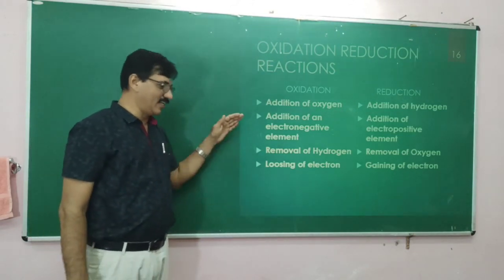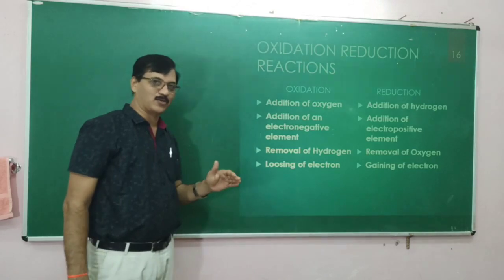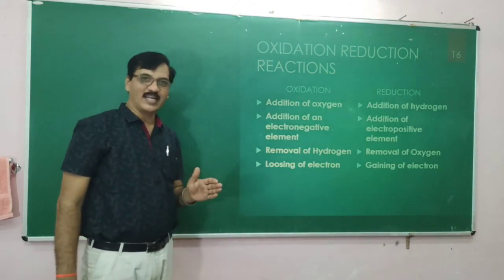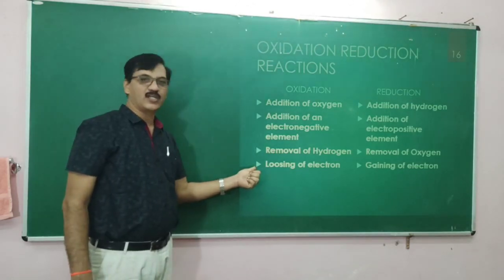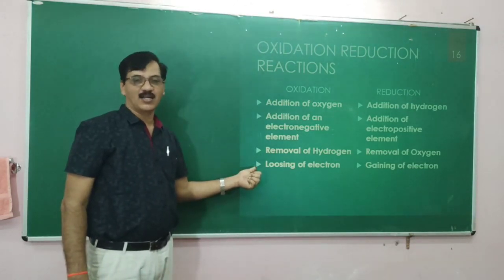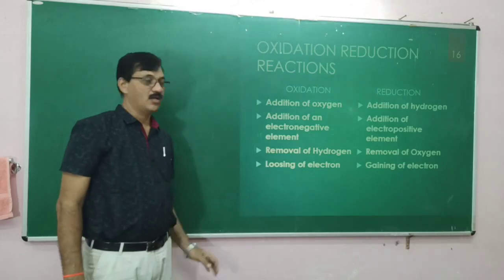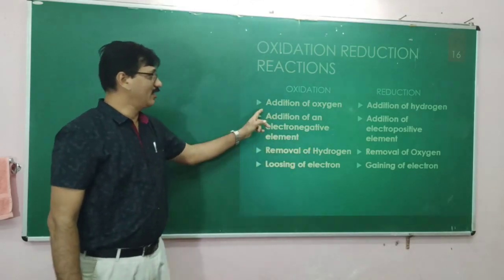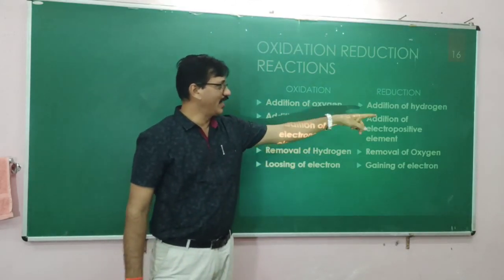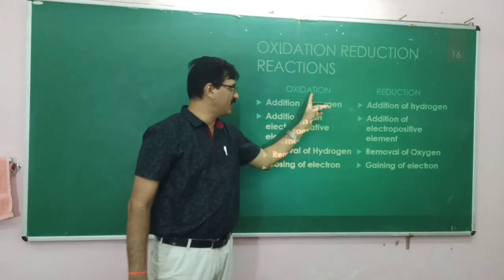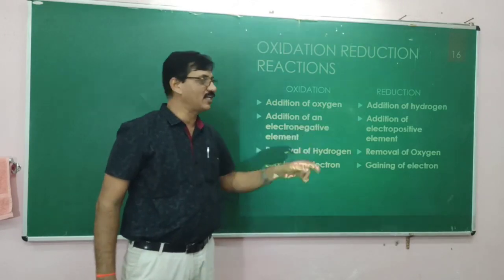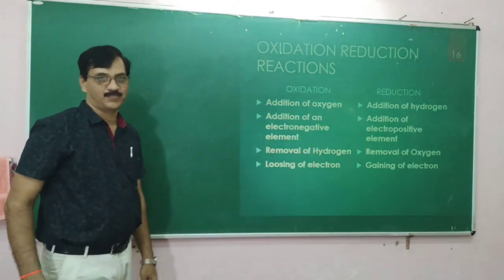An oxidation is one in which removal of hydrogen takes place. Or an oxidation is one which happens by losing of electrons. All these are oxidation reactions. The reverse way, addition of hydrogen or removal of oxygen is reduction. Addition of oxygen is oxidation, removal of oxygen is reduction.